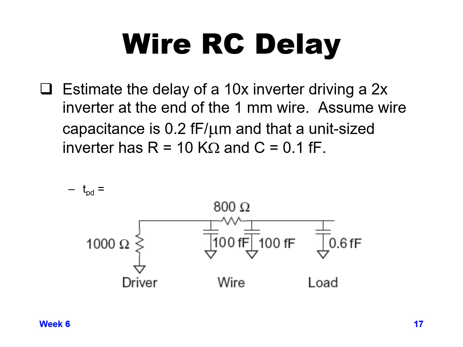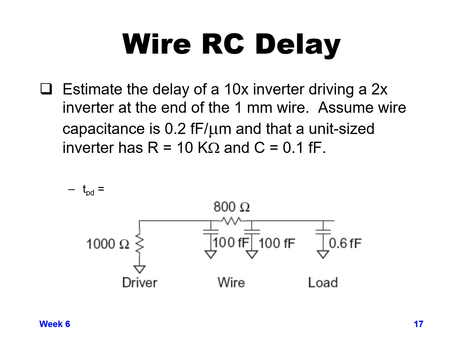1 millimeter long wire. Now assume that the capacitance of the wire is a unit capacitance of 0.2 femtofarads per micron, and that if we had a unit sized inverter or minimum sized inverter, it would have an equivalent resistance of 10 kilo ohm and an input capacitance of 0.1 femtofarad, or capacitance per unit of 0.1 femtofarad.